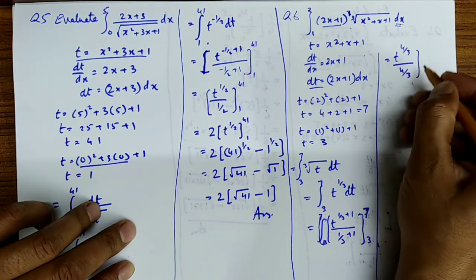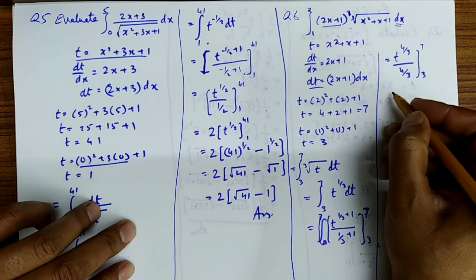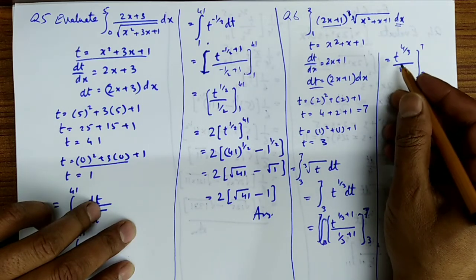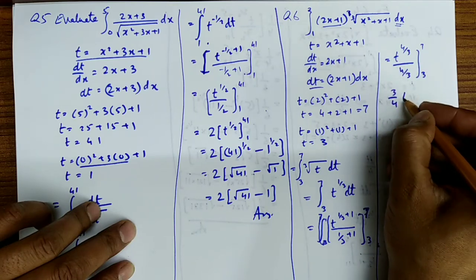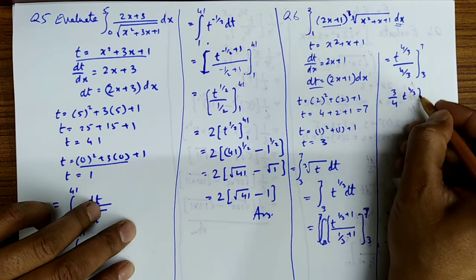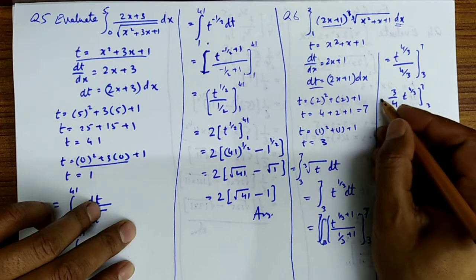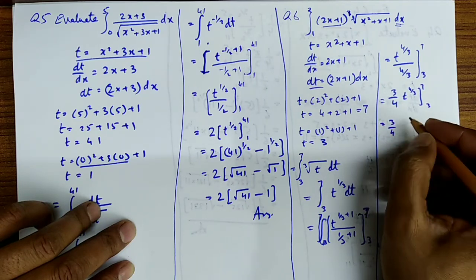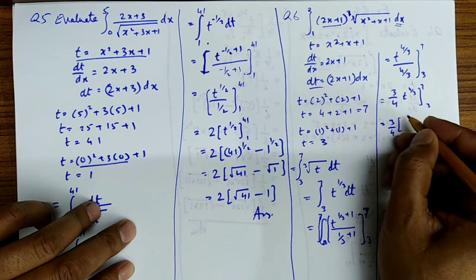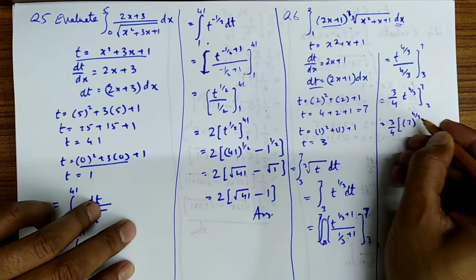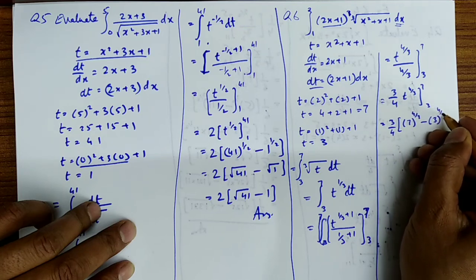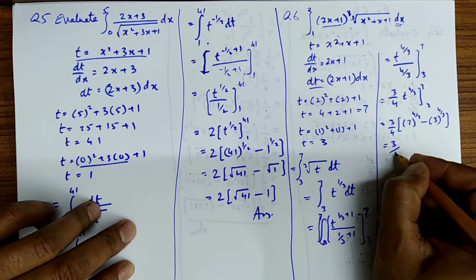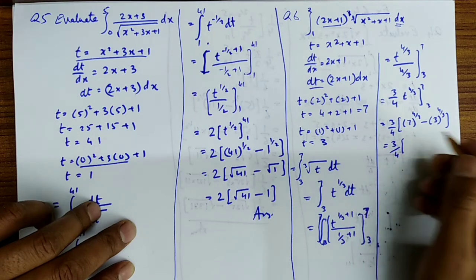Here we have limits 3 and 7, taking this 4 upon 3 next to t, that is 3 upon 4, t power 4 upon 3, from 3 to 7. 3 upon 4, in place of t I'm going to write 7, minus, in place of t I'm going to write 3, power 4 upon 3, 3 upon 4, okay.